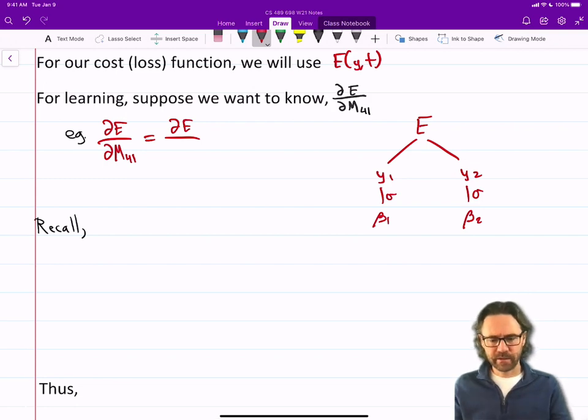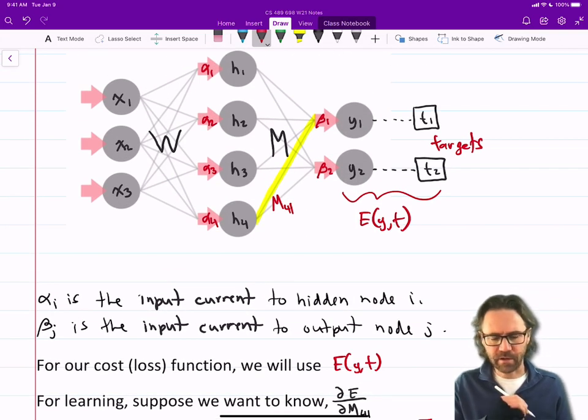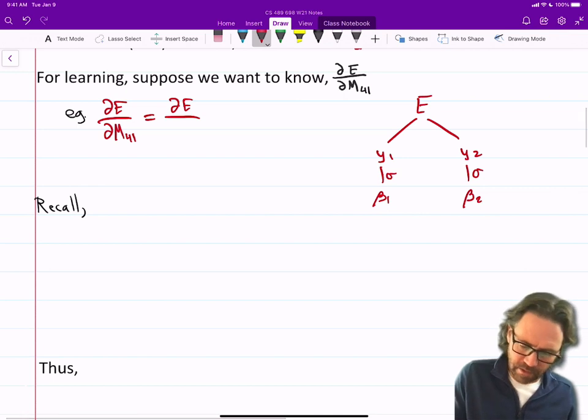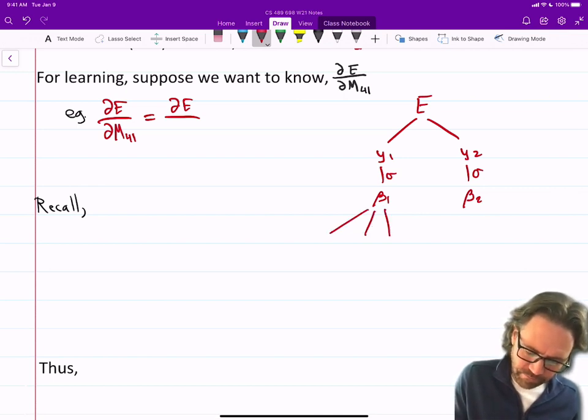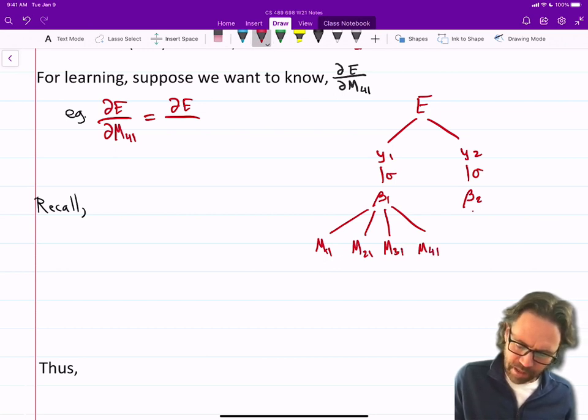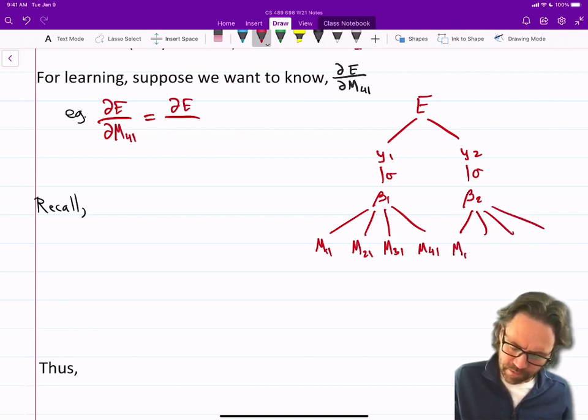Now beta 1 depends on all 4 of those H's and the 4 weights, M's. I'm going to focus on the M's right now. So M11, M from 2 to 1, M from 3 to 1, and M from 4 to 1. And likewise over here, M from 1 to 2, M from 2 to 2, M from 3 to 2, M from 4 to 2.